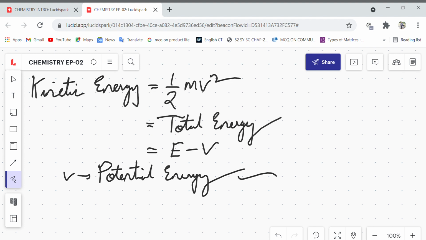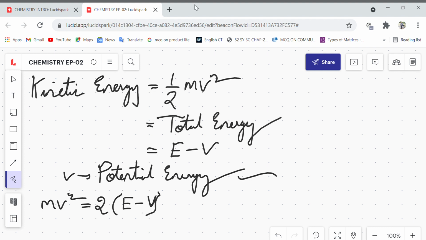So the equation which I showed you, dou square psi by dou x square plus dou square psi by dou y square plus dou square psi by dou z square is equal to minus 4 pi square m square v square by h square whole into psi. In that, it was m square v square, but this is mv square, we can take it as 2 whole into E minus V in place of mv square.